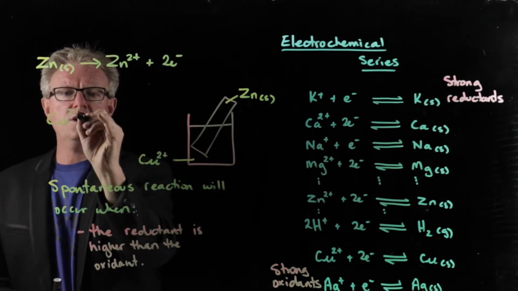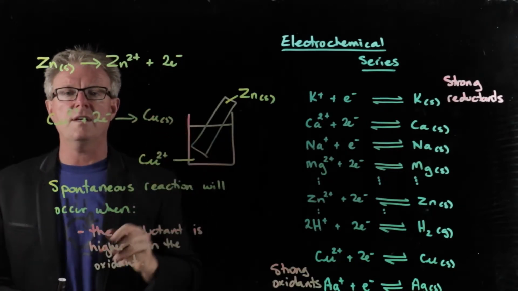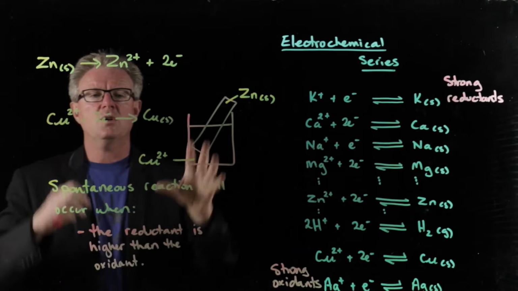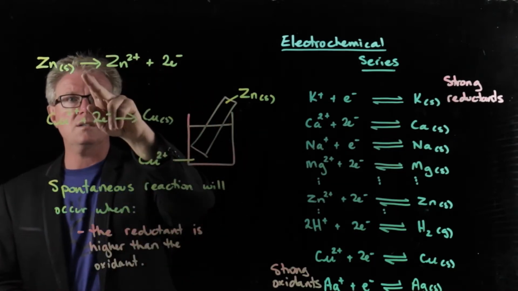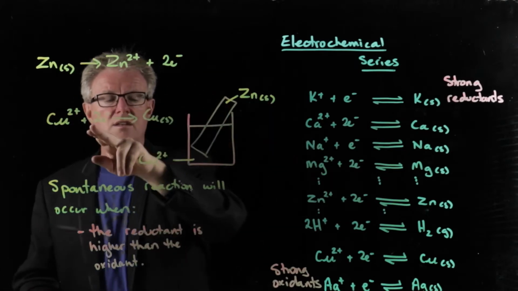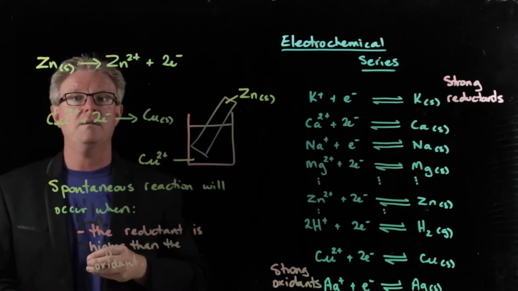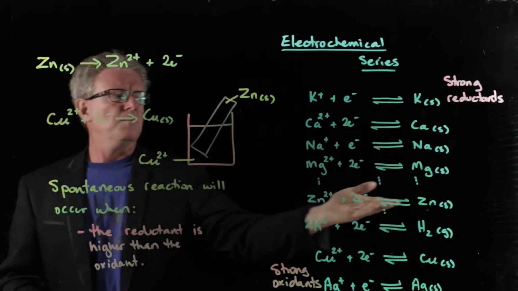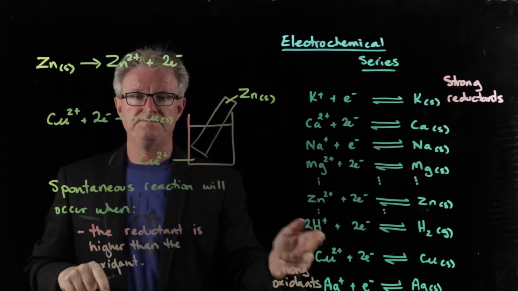And copper is going to be reduced to form metallic copper on the outside, and that's what we're used to seeing. So in that example there, it's a spontaneous reaction because the reductant is higher than the oxidant. And another way of thinking, which my brain prefers, is zinc is higher. Zinc can lose electrons more than the copper.